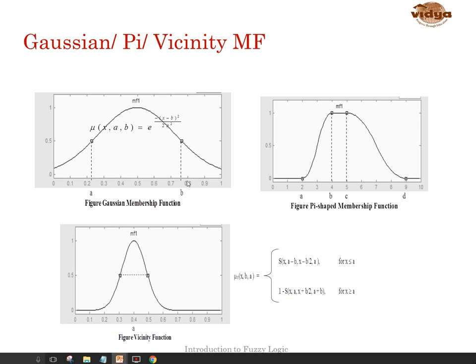Depending upon its complexity, you can use any of these functions. But remember, if the complexity increases, the computational time also increases.